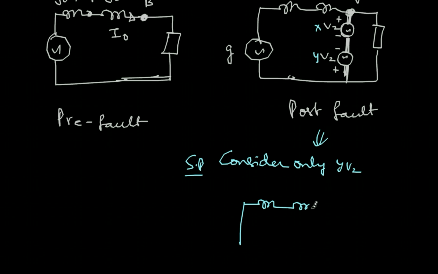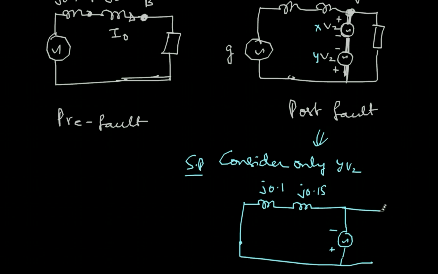Then I get something like this, j0.1, j0.15, and then this is short circuited, and below is the plus, above is the minus. Now this side anyway, the load is there. Here the voltage is V2, and V2 I already know: voltage is 1 angle 0 degrees.